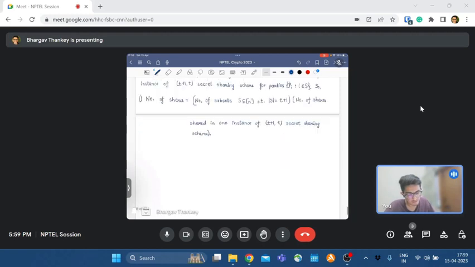Okay, so the number of subsets S of n of size t plus 1 is exactly n choose t plus 1. And the number of shares shared in one instance of a t plus 1 comma t secret sharing scheme.